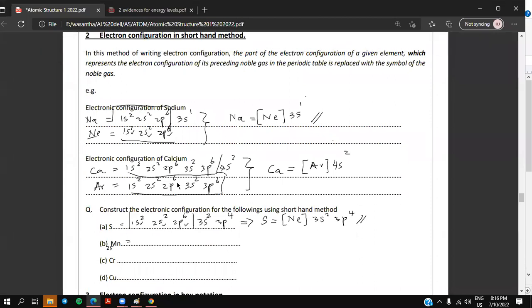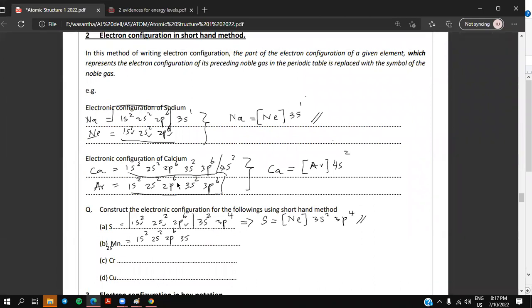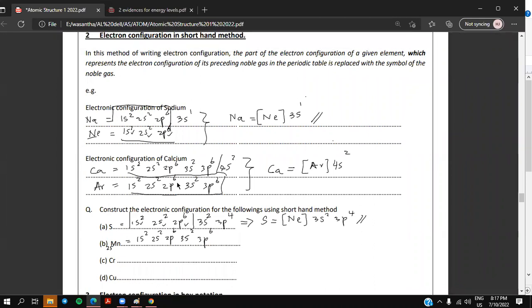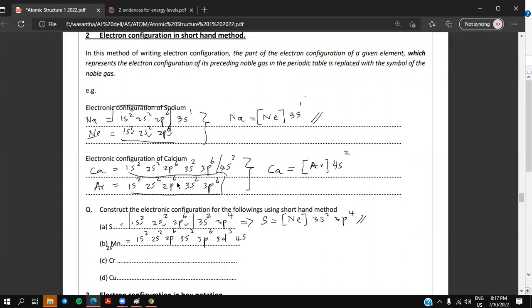So its configuration is 1s2, 2s2, 2p6, 3s2, 3p6, 3d5, 4s2. Manganese electronic configuration is this.